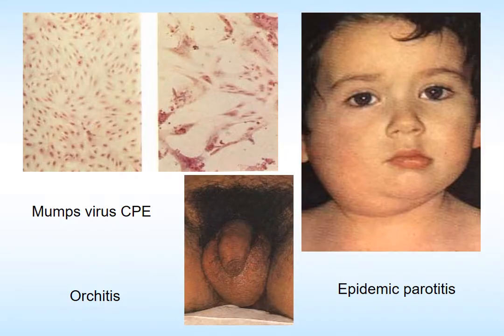And symptoms, clinical pictures of this disease. You can see swelling of salivary glands, you can see orchitis, and you can see the action of this virus on tissue culture. In the right part, a pathological picture with creation of these abnormal huge cells with a big number of nuclei and destroying of host tissue.